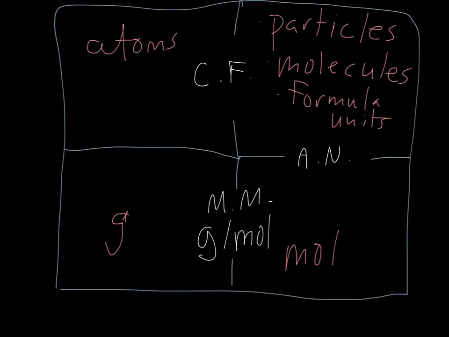So what I mean by that is, if I want to know how many hydrogen atoms are in 10 times 10 to the 23rd molecules of water, I need to know that the correct formula for water is H2O, and that there's 2 hydrogen in every 1 molecule of water. So knowing the correct formula will allow me to go from atoms to particles, or from particles to atoms.